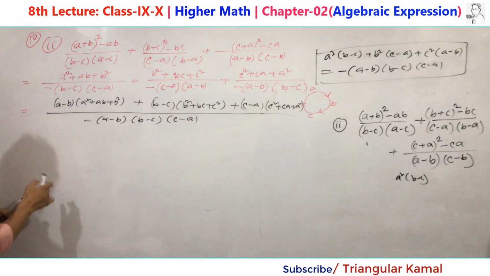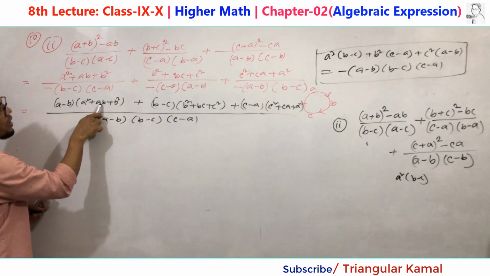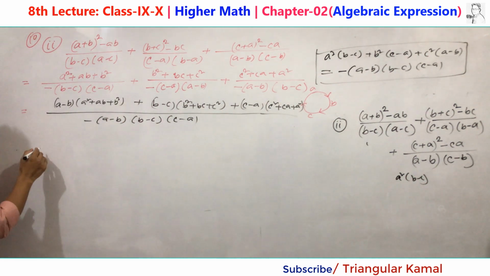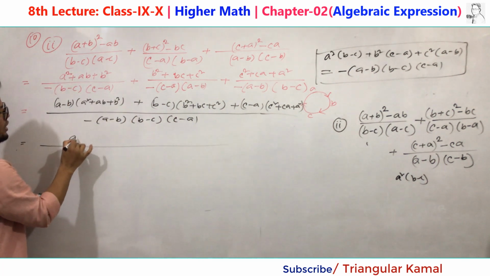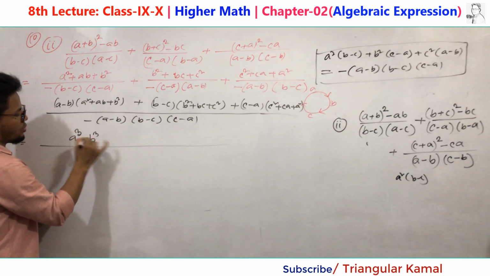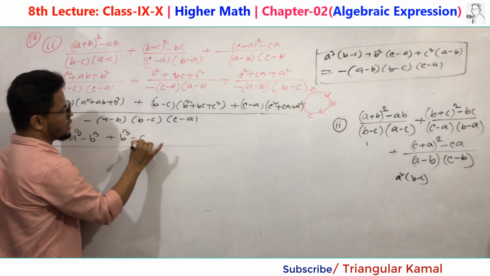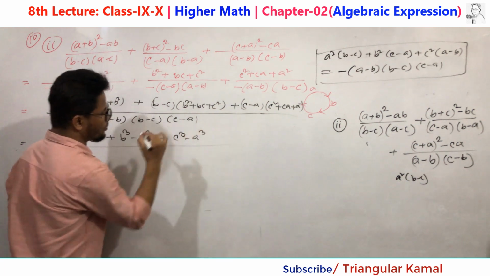Now, dear audience, give attention to the numerator part. (A minus b)(a square plus ab plus b square) is the factorization formula of a cube minus b cube. Similarly, this one will be b cube minus c cube, and the last one will be c cube minus a cube.